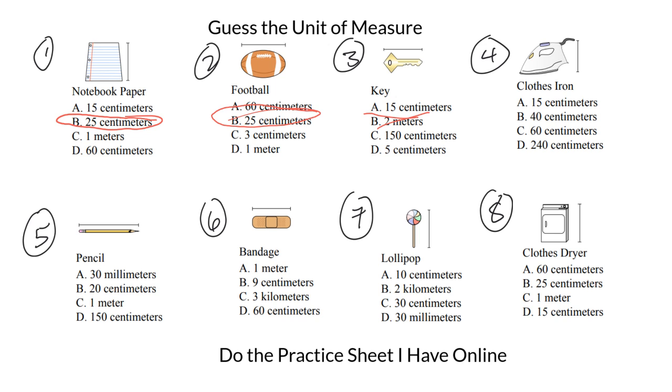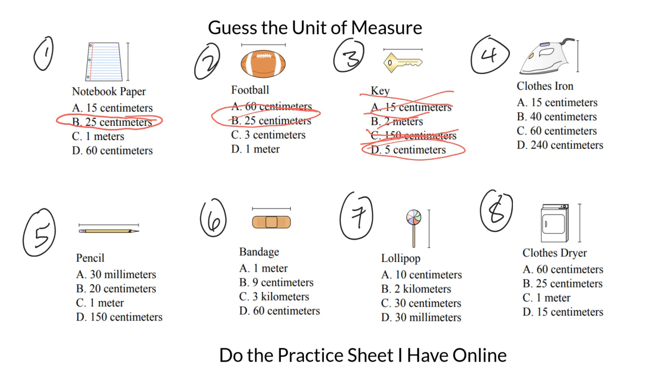As for 150 centimeters, could you just imagine if you had a 150 centimeter key? You'd have to wear that on your back. Couldn't use that one. 15 centimeters is about the size of a cell phone. That's not going to work either. So our answer should be D.